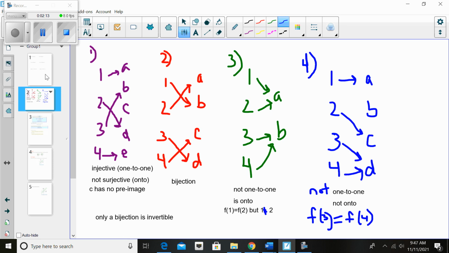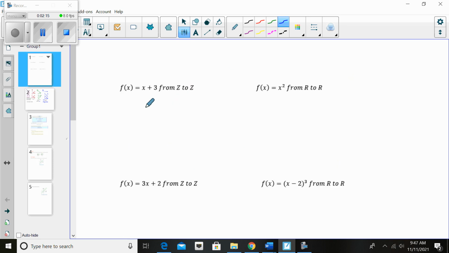So let's take a look at this with some functions. A function mapping from Z to Z. Remember, Z is the set of integers. If I were to graph this, first I'm going to make a little table of values with some integers. You would probably say, oh, that's just a straight line. But since we're only considering integers, when we graph it, we don't connect the points.